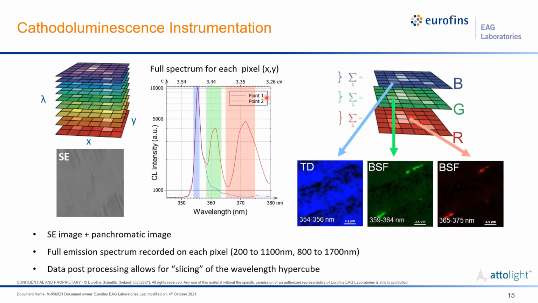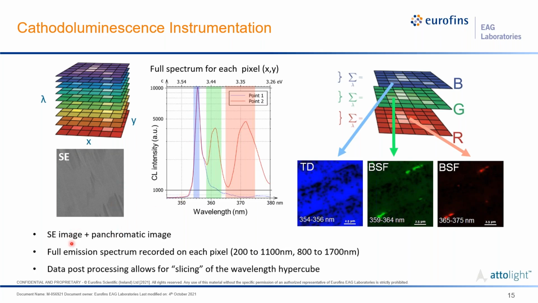With the Adelaide system, we also collect data in a somewhat different way: we collect hypermaps or hypercubes of data. Along with the secondary electron image, at each pixel we're collecting the secondary electron signal, but additionally, we're collecting an entire spectrum at each pixel.